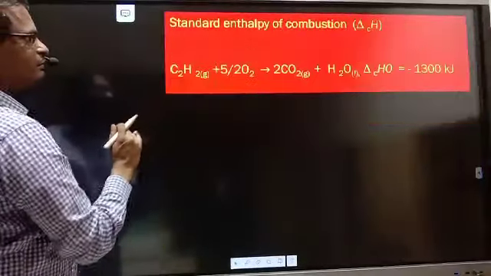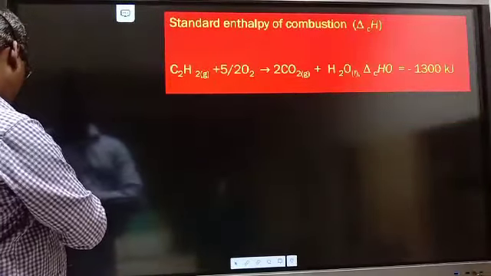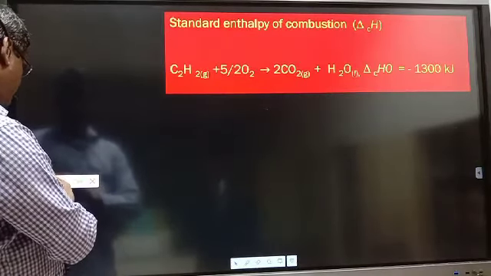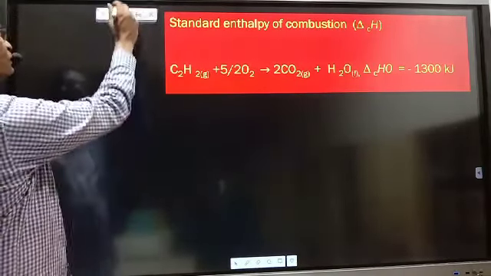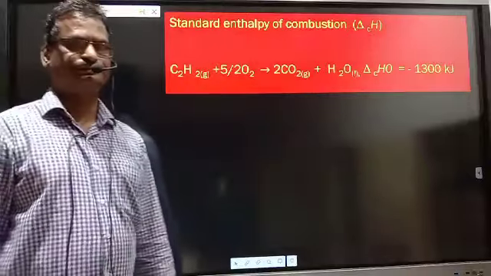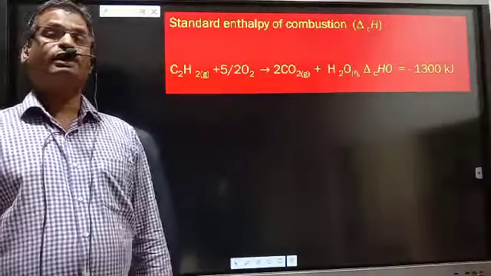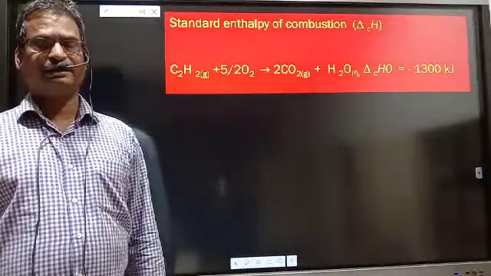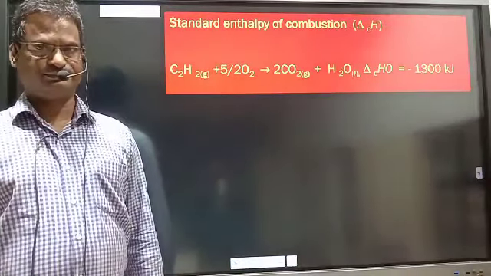Now next one, enthalpy of combustion. This is a bit important, more important than enthalpy of formation also. See what is meant by combustion, and then enthalpy of combustion.